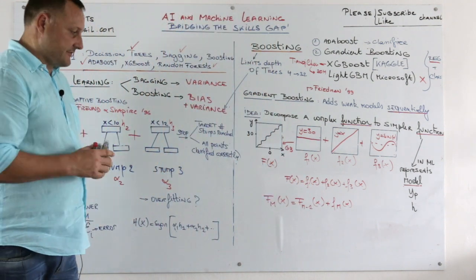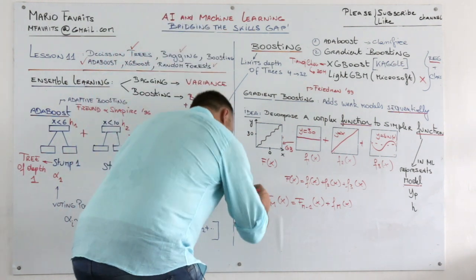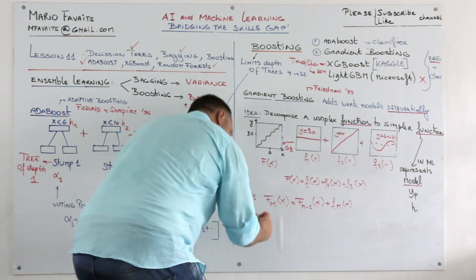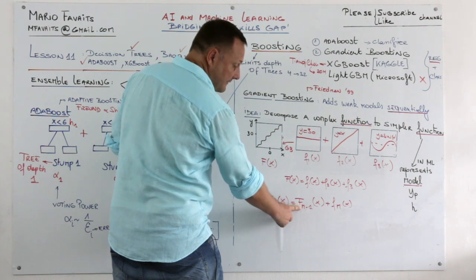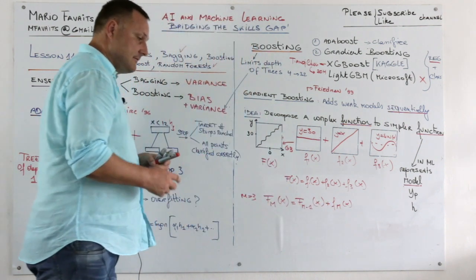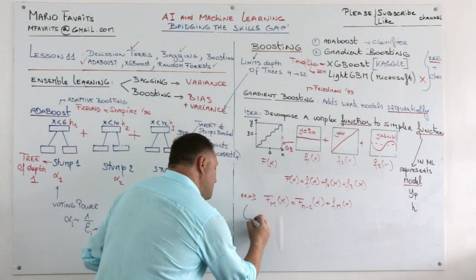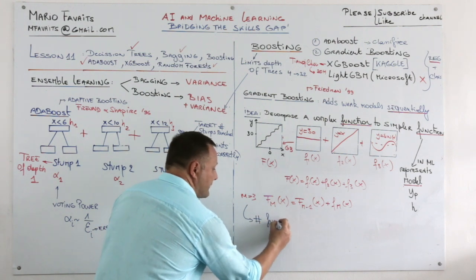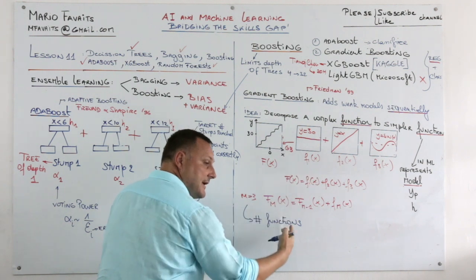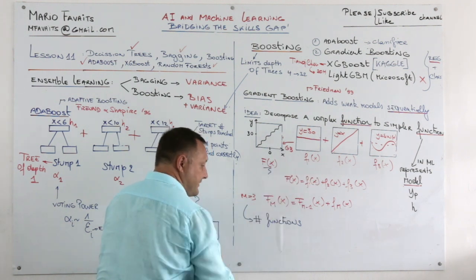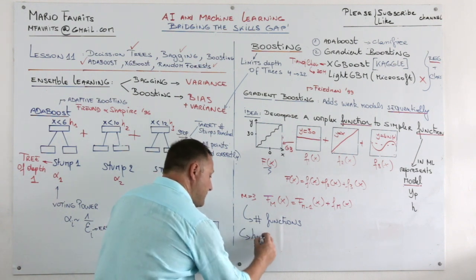Because we add functions. So the target function when m is 3 is f1 of x plus f2 of x plus f3 of x. Now m is the number of functions, the number of base functions you will have in order to produce this function. And this is something that we will need to give the system. So this is a hyperparameter.